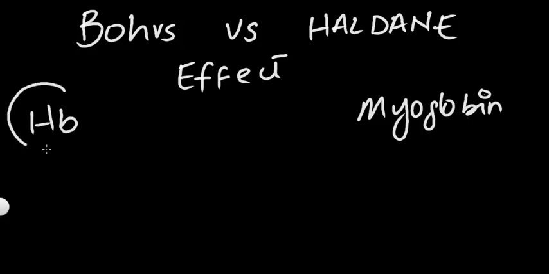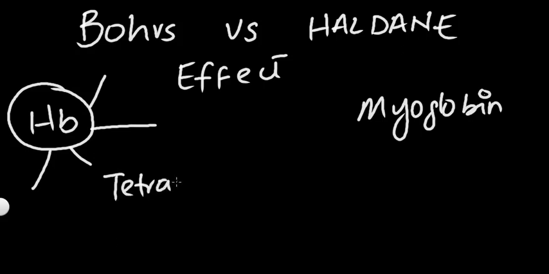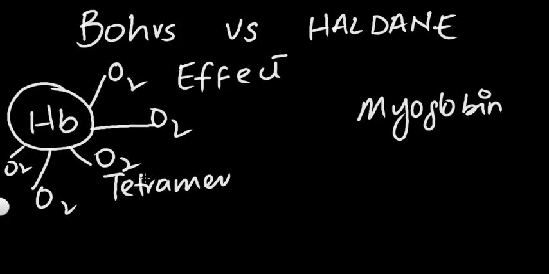Each hemoglobin molecule has 4 binding sites, also called a tetramer, where each oxygen molecule binds to the hemoglobin, and this is known as oxyhemoglobin.